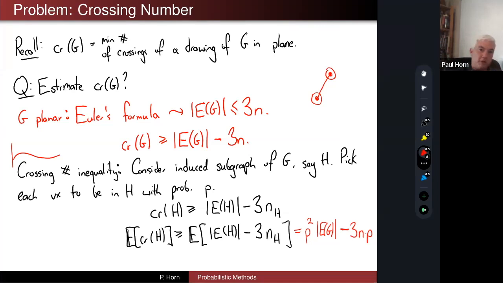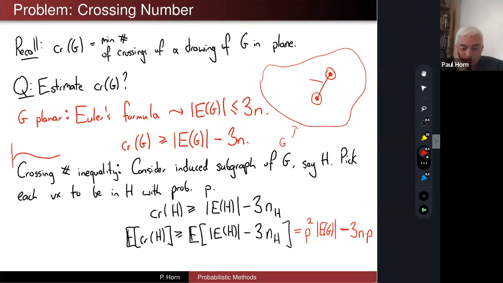Now, what's happening with the crossing number itself? That's a much more complicated thing. Actually, finding the crossing number of a graph is hard, serious business. However, if I think of a drawing of G originally, and I just restrict H to have exactly the same drawing, then many crossings are going to disappear.